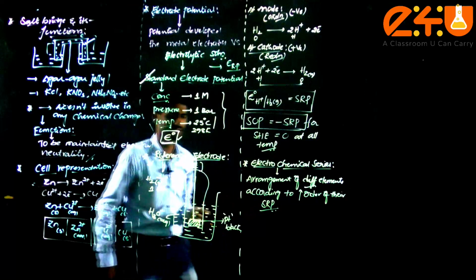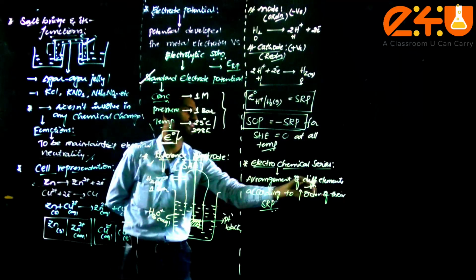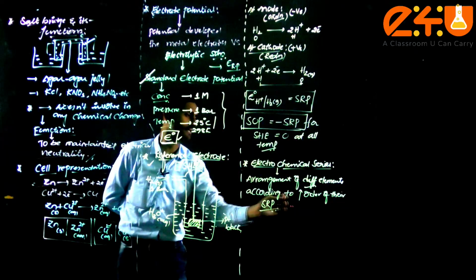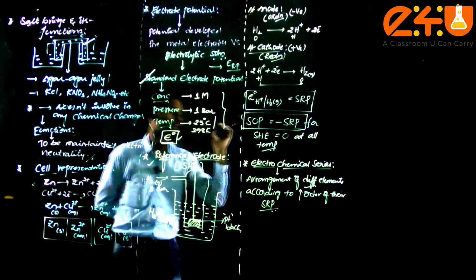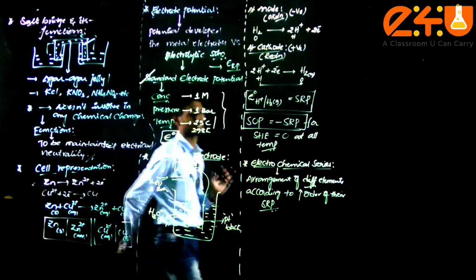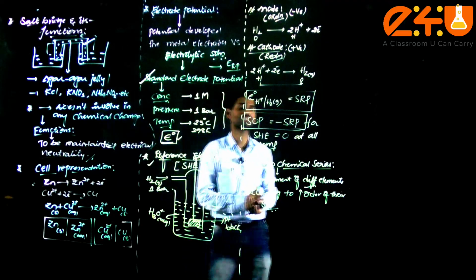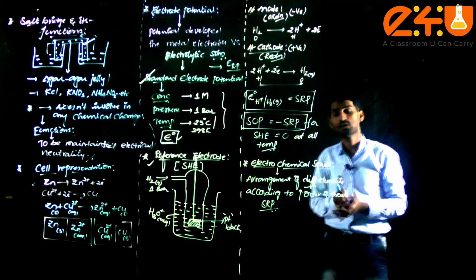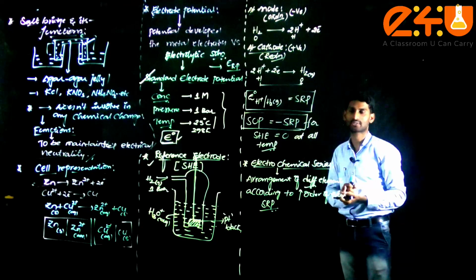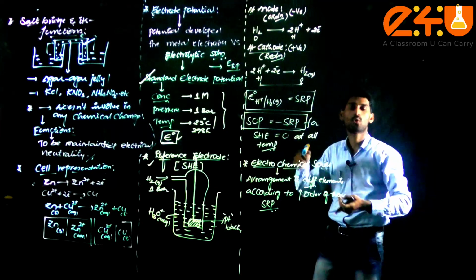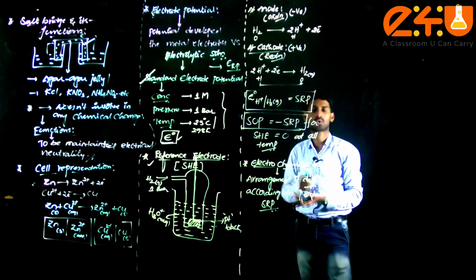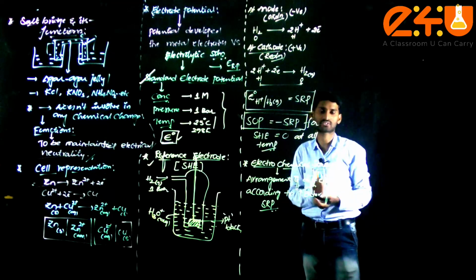The electrochemical series is generally defined as the arrangement of different elements according to increasing order of their standard reduction potential. Based on this electrochemical series only, we have to identify which element has the highest reduction potential and which has a lower reduction potential or highest oxidation potential.